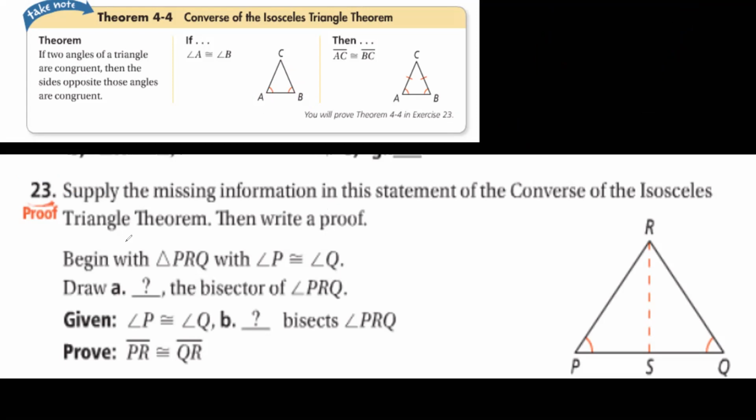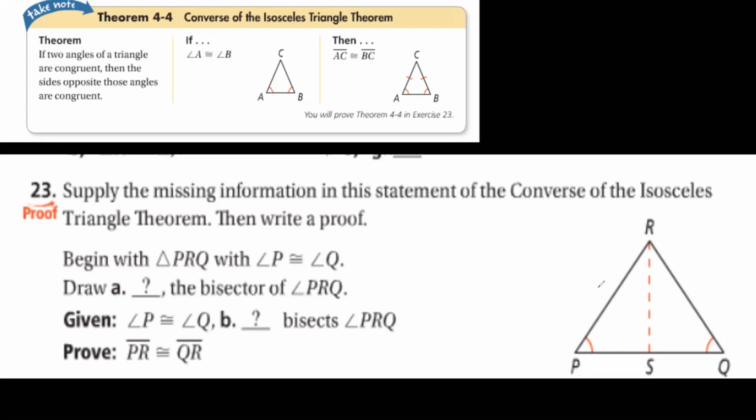Then write the proof. Here now, you have a triangle PRQ. In this one, since it is isosceles, these two angles, angle P and angle Q, are congruent. Is it right? Why?